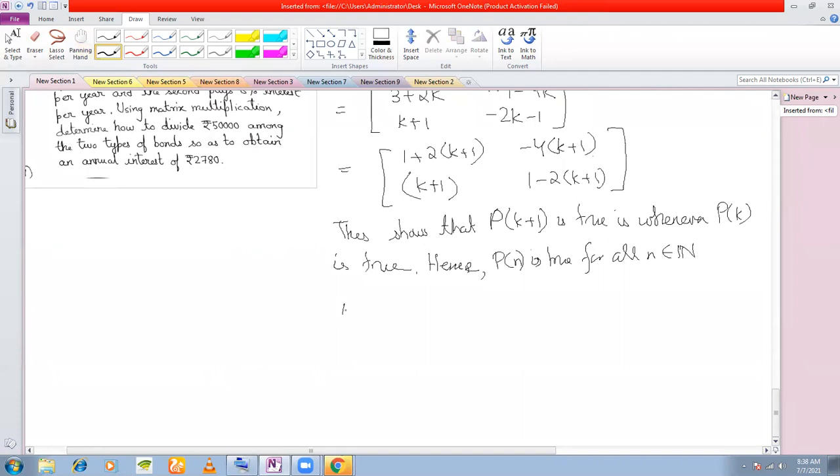That is, A to the power of n is equal to 1 plus 2n, minus 4n, n, 1 minus 2n. Okay, so this is by induction. So this was a problem from induction. Any question here?